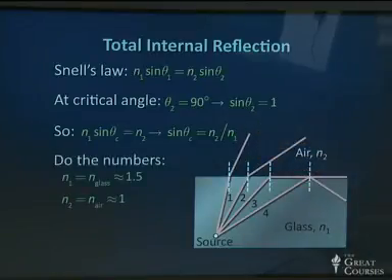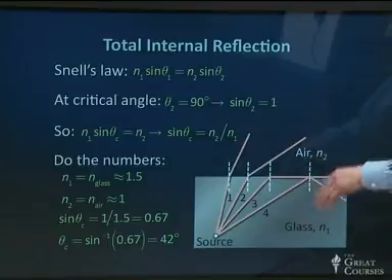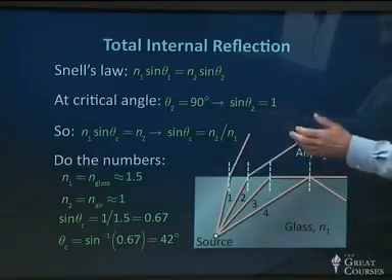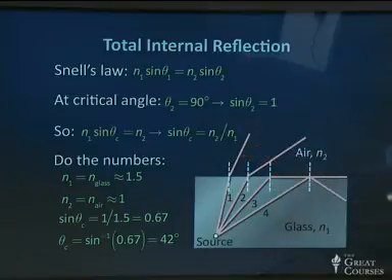Let's do the numbers on that. n1 is glass, that's 1.5 approximately. n2 is air, that's refractive index approximately 1. The speed of light in air is almost as much as it is in vacuum. And so we work it out. Sine of theta critical is 1 over 1.5. That's 0.67. So theta critical is the angle whose sine is 0.67. Sine to the minus 1 of 0.67 is 42 degrees.